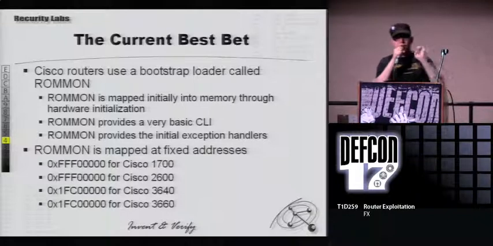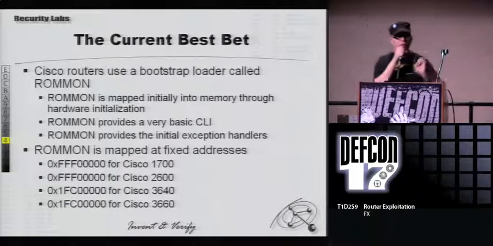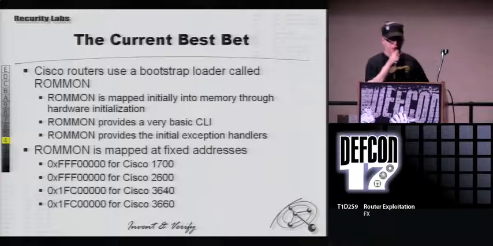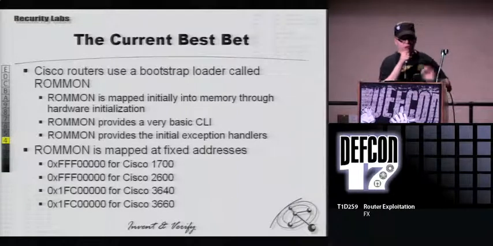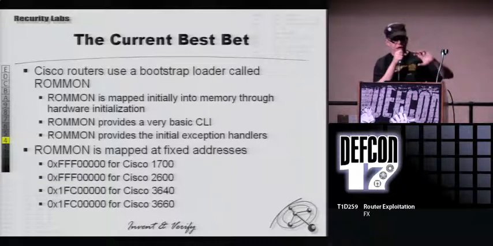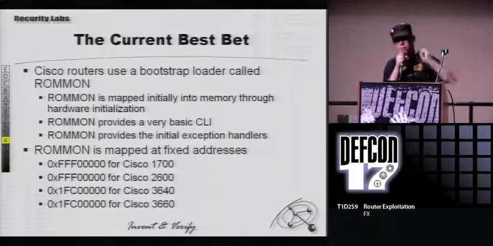Let's get this right, because many people after Black Hat asked me about this. It's not deleted. We're not talking about hacking the Cisco when it's booting up. It's loaded code, like your BIOS code, that is used for booting and then stays in memory the whole time. Okay? Just making this clear, because people ask me that.